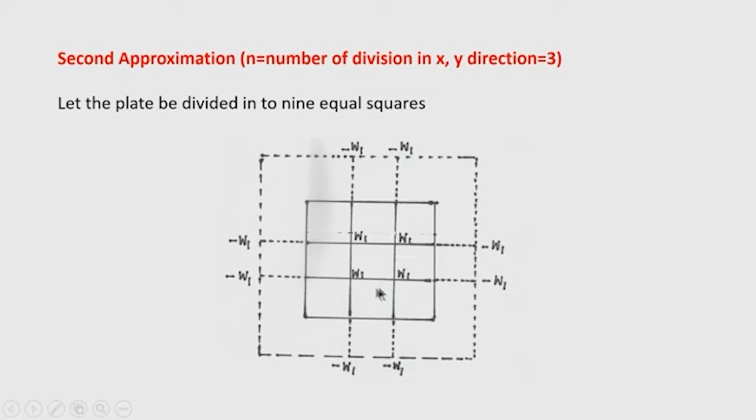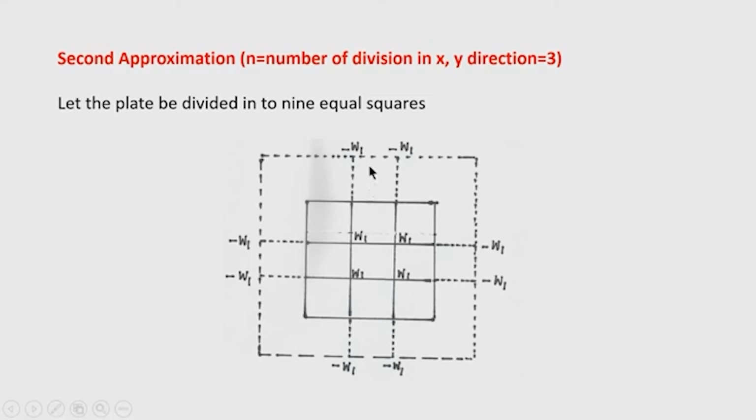Now, because of symmetry, the deflection here is the same as that deflection. So, W 1 equals W 1 and W 1 equals W 1 because of symmetry. So, this value we have assigned now, okay. And this is the boundary value. Wherever the circles of the plate stencils fall on the boundary, the deflection value is 0.